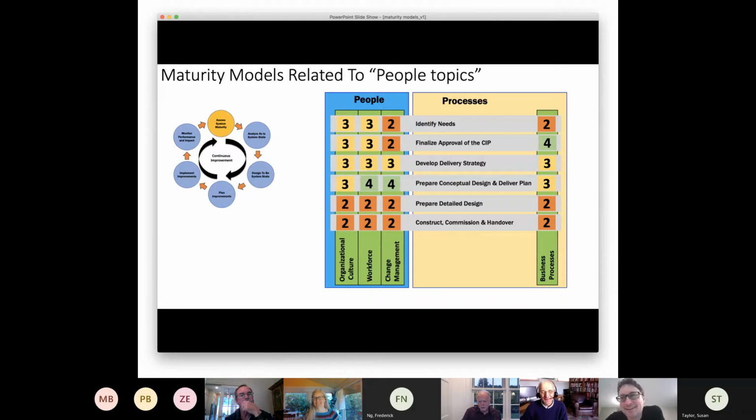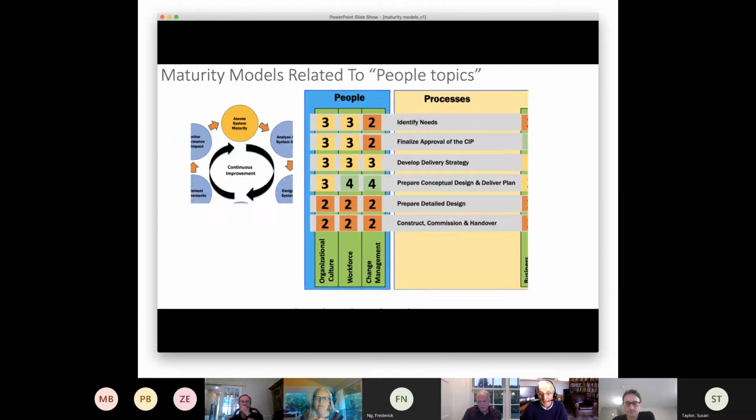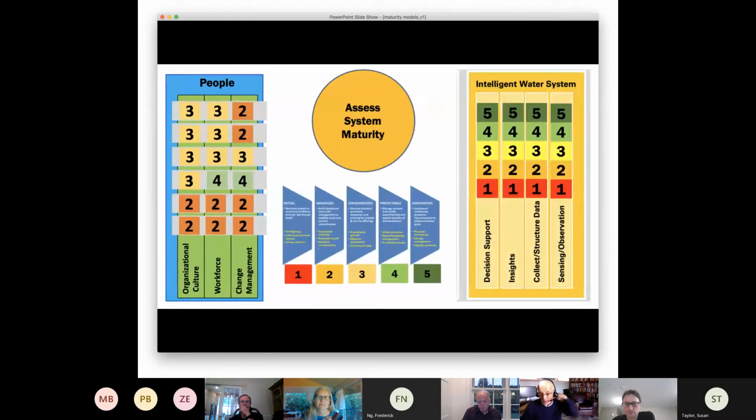Gotcha. So thank you. So basically what we're going to be working on is these maturity models that are related to people. Topic numbers and maturity levels I had just assigned, but we can organize them with respect to processes. So what we're going to be doing in our workshop is the stuff on the left, looking at the way to assess the organizational culture, workforce, and change management, to identify an equivalent for assessing system maturity, something like we've done for the processes in the middle.